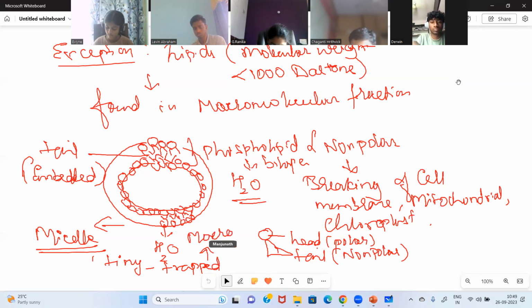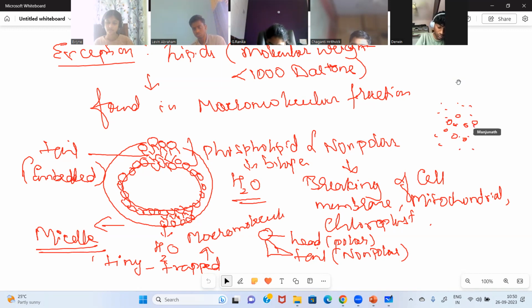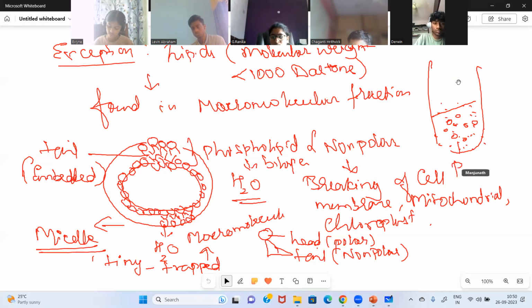Therefore, all these spherical globules of lipids get trapped within the macromolecule, and therefore they are found in the pellet fraction, even though their molecular weight is less than 1000 Daltons.